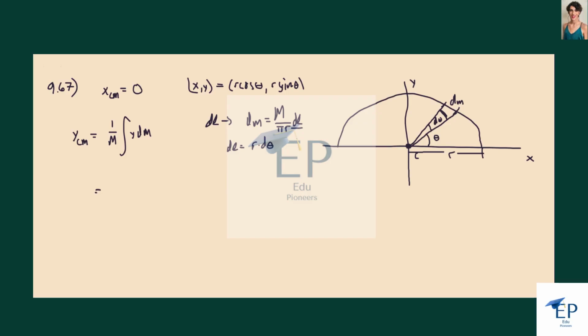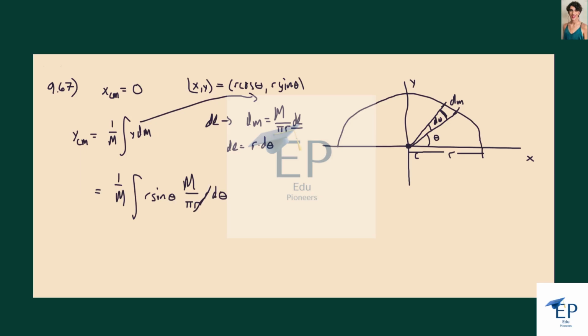So we have our center of mass as 1 over big M integral of y, but we're going to use polar coordinates, so that becomes r sine theta. And now we replace dm with big M over pi r times r d theta.